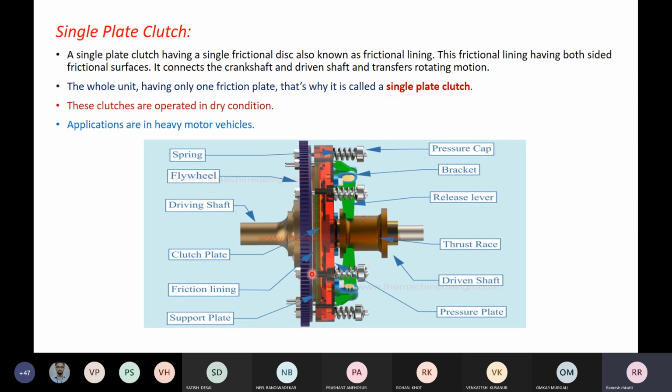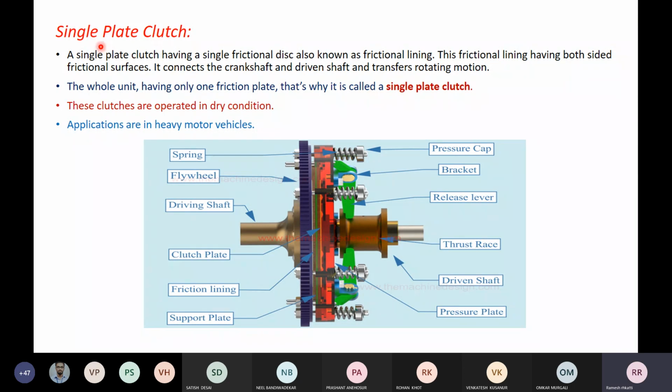That's why it is called a single plate clutch or single disc clutch. If you have more than one, then it is called a multiple plate clutch or multi disc clutch.